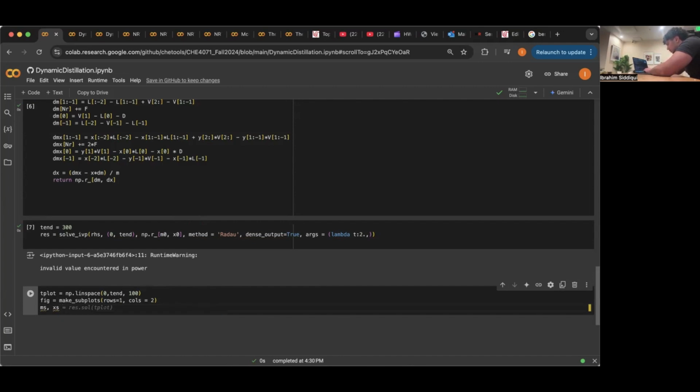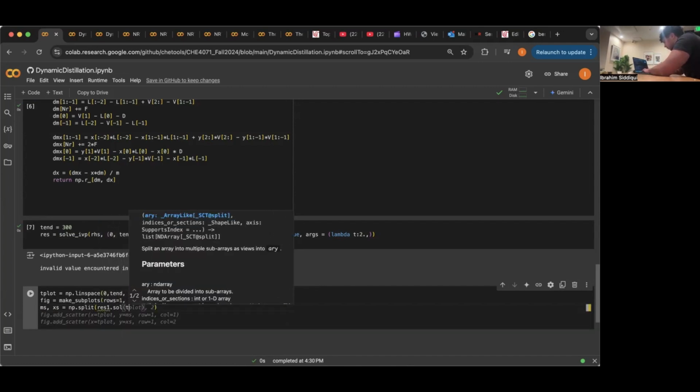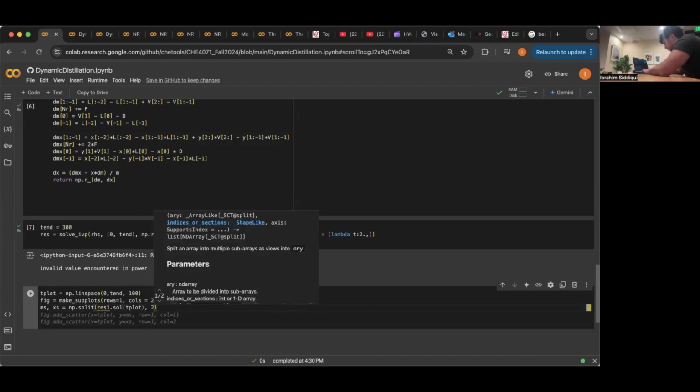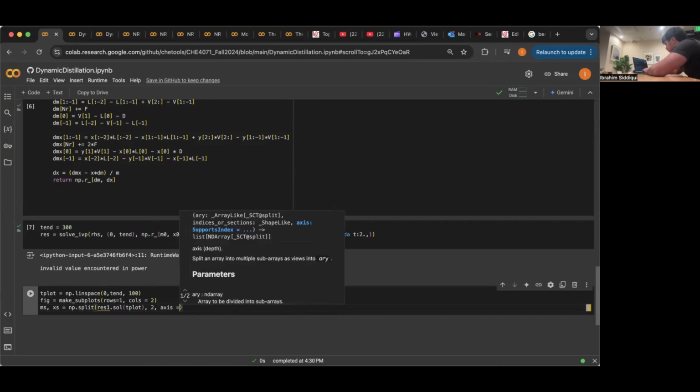So our m's and x's are going to be equal to np.split, and then this is going to be our res1.sol from our t plot, and then this is going to be at 2. Okay, right. So send that at 2, and then we're going to set our axis equal to 0.